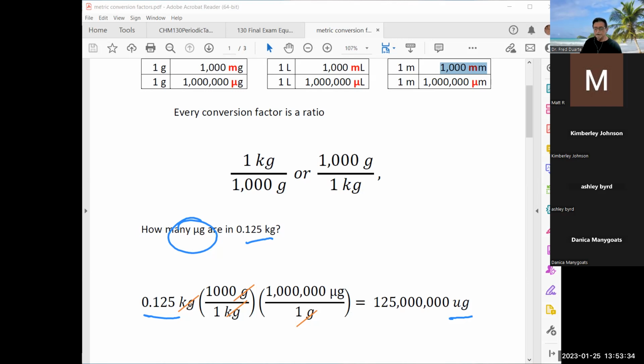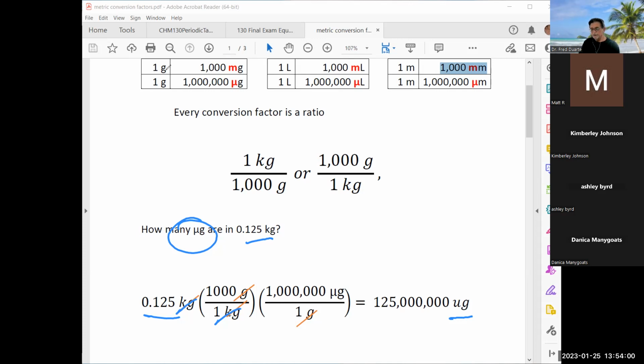Now, my first factor is to get rid of kilograms. So I set it up with the factor from the table above that I know there's 1,000 grams in 1 kilogram, and I set it up with grams on top, knowing that my kilograms cancel and I'm done with that part. And it leaves me with units of grams, which tells me I need a second factor to get rid of grams.